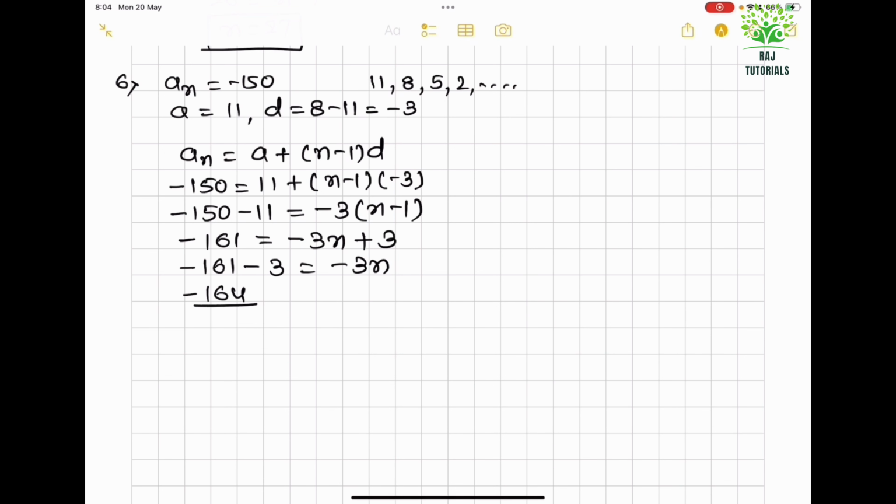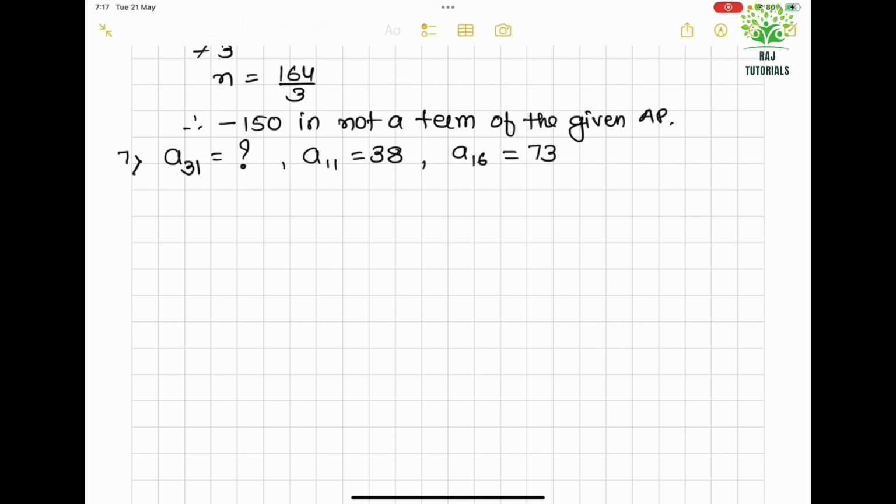So minus 164 upon minus 3 equal to N. So N equal to 164 by 3. And see, 164 is not divisible by 3. So therefore minus 150 is not a term of the given AP.